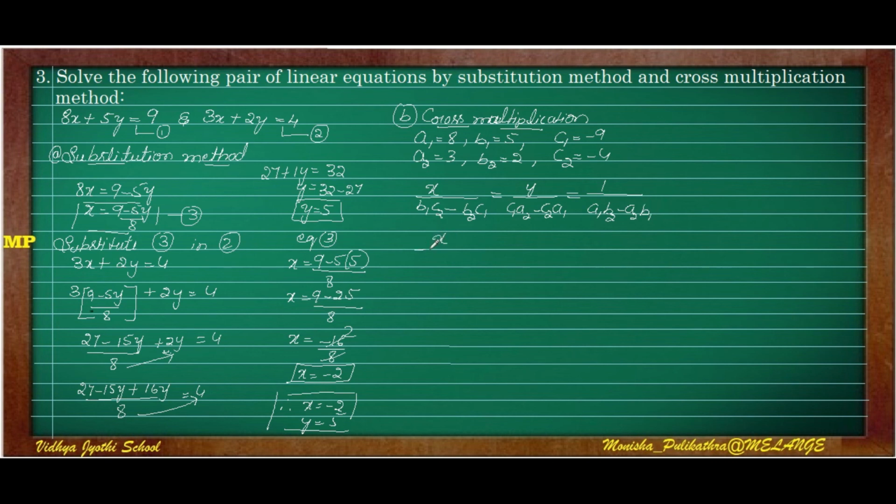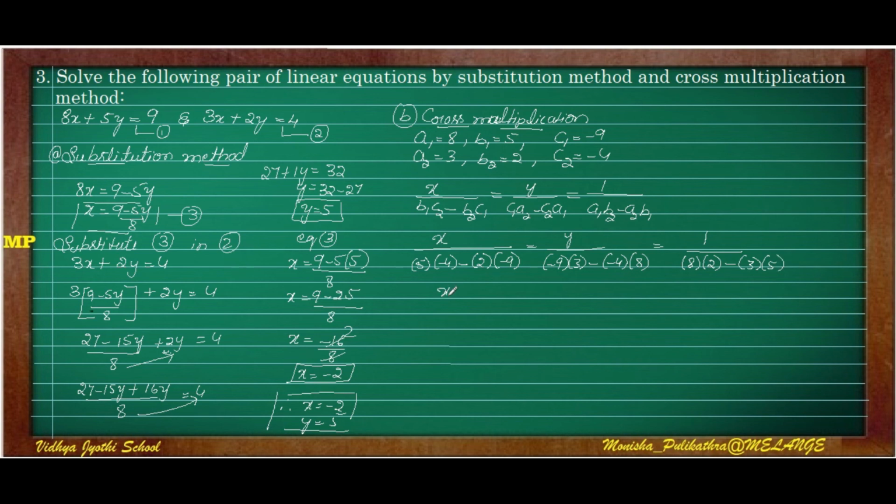Next we substitute. b1 is 5 into c2, minus 4, minus b2, which is 2, into c1, minus 9, is equal to y divided by c1 and a2: c1 is minus 9 into 3 minus c2, minus 4, into 8, is equal to 1 by a1 b2: a1 is 8 into 2 minus a2, which is 3, into 5.